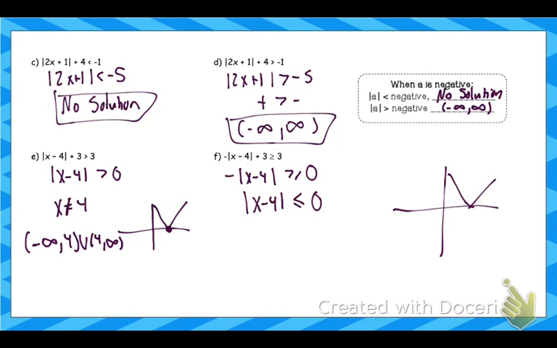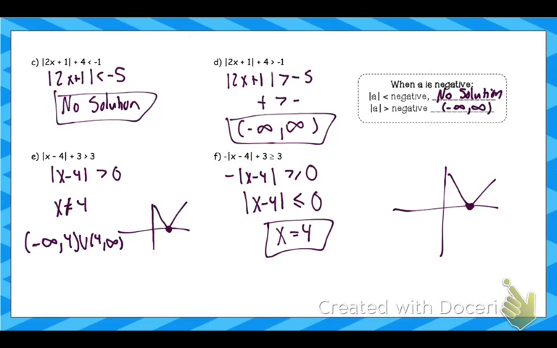However, because this is less than or equal to, there is one place where it does equal 0. So in this case, there is one solution. That one solution is that x equals 4. So those are two special cases. If you get your absolute value by itself and you're comparing it to 0, you do need to be careful about what solutions you're actually talking about at that point.